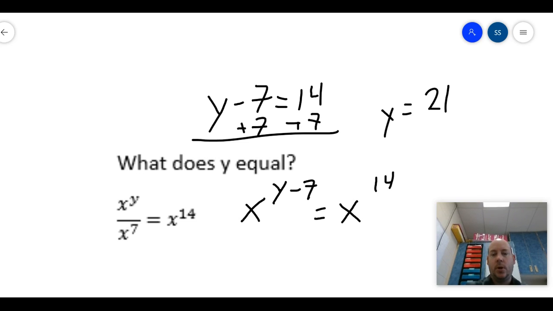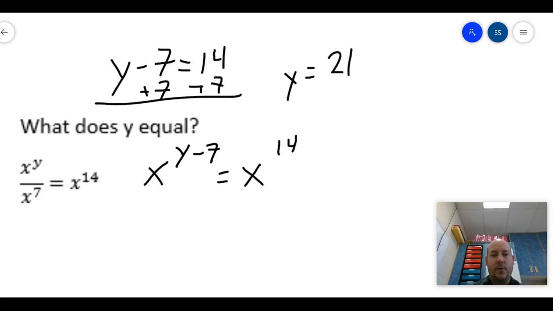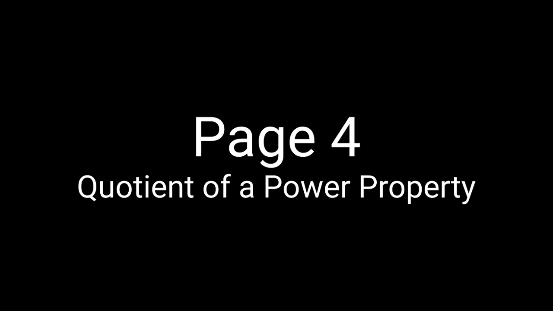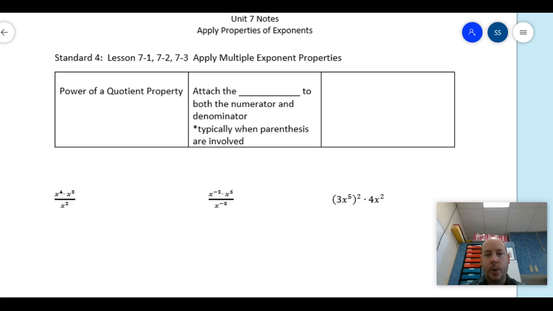All right. So quotient property, right? If we're dividing same bases with exponents, we subtract those exponents. All right. And then we've got the power of a quotient property, which is our last standard here. It says attach the blank to both the numerator and the denominator, typically when parentheses are involved.